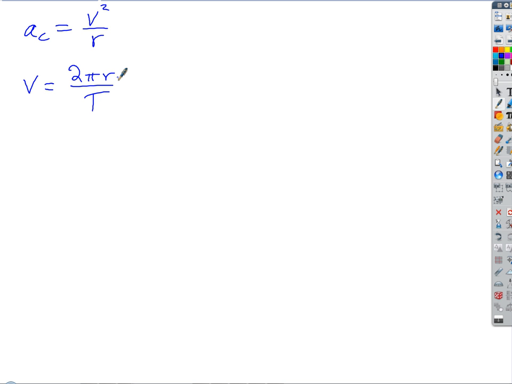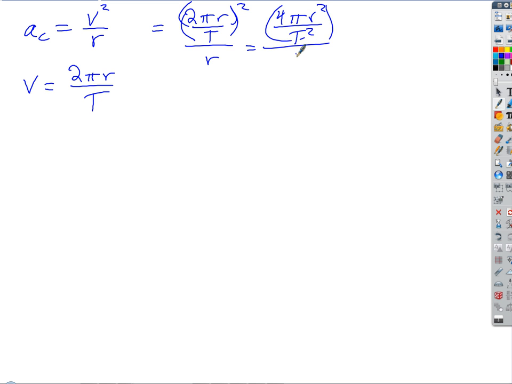And if we make that substitution, look what happens. We get the quantity 2 pi r over T, squared, over r, which is 4 pi squared r squared over T squared divided by r.